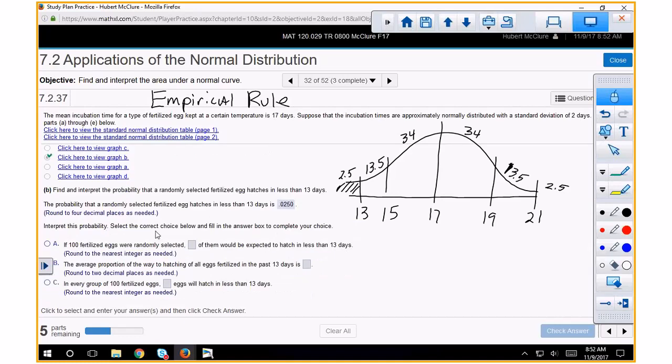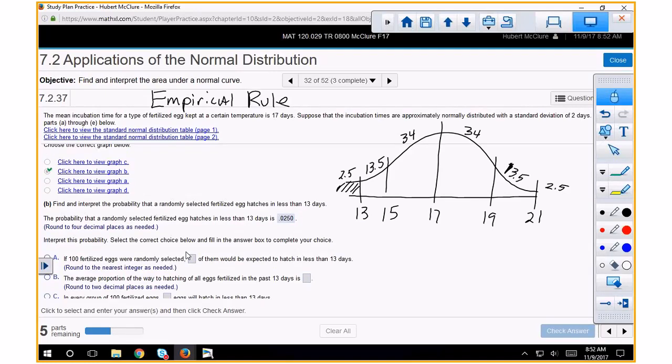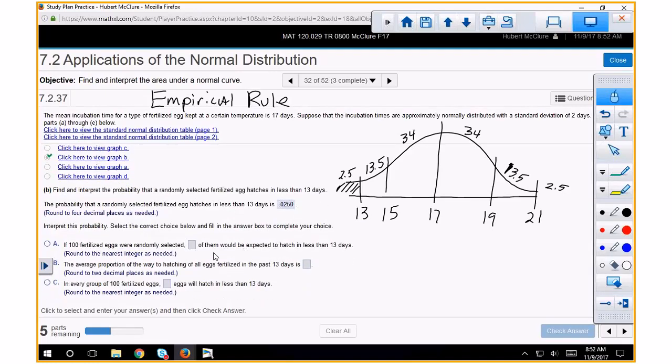Okay, interpret, blah, blah, blah. Where's the question? If 100 fertilized eggs are randomly selected, blank of them would be expected to hatch in less than 13 days.